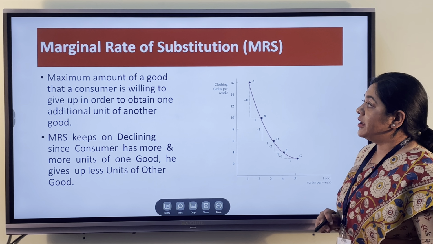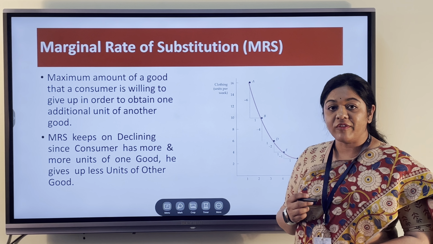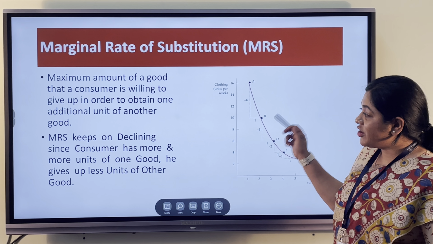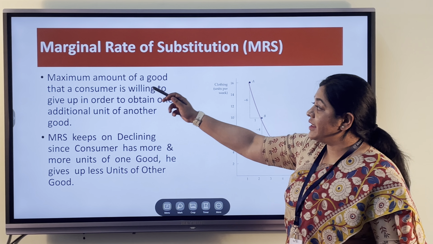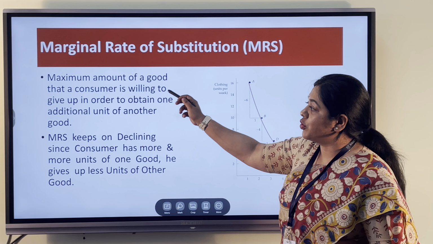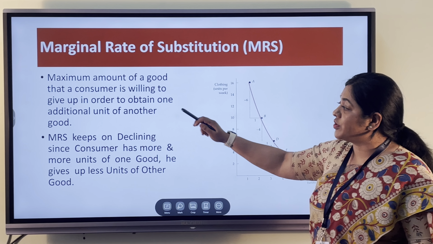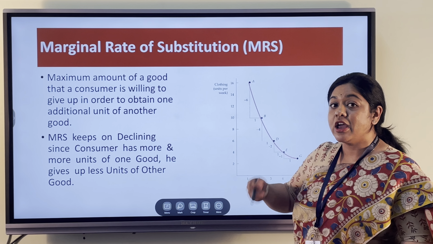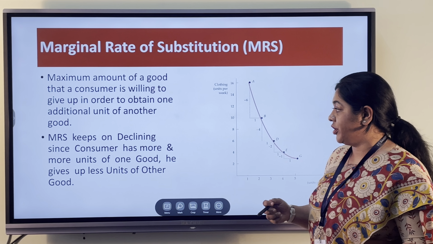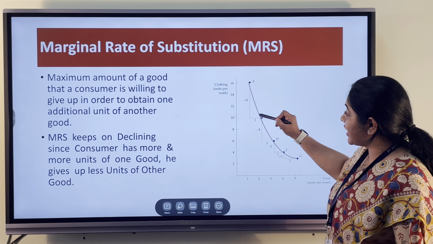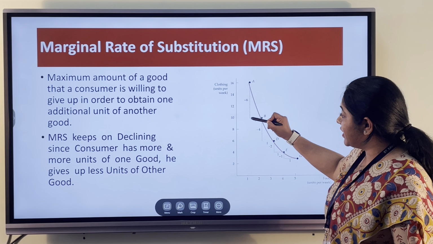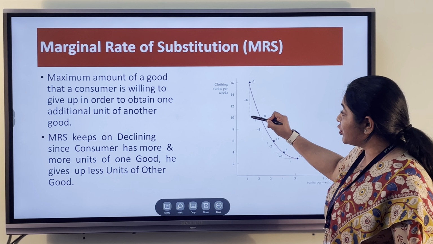Next is the marginal rate of substitution. The marginal rate of substitution, as we discussed just now, is the maximum amount of a good that the consumer is willing to give up in order to obtain one more unit of another good. That is, in this case, if we give up 6 units of clothing, we get 1 unit of food.